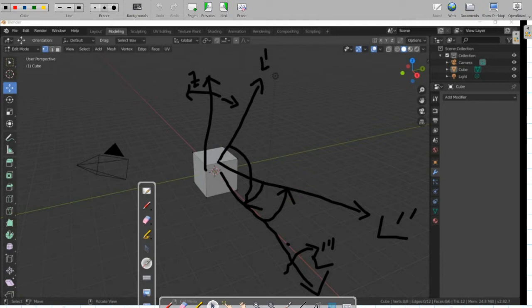Then again you need to rotate your entire system by this angle, but this time in the reverse direction, so that the entire system is transformed to the system which is defined by this L dash. Now lastly you have to do the reverse translation to put everything back with respect to L.